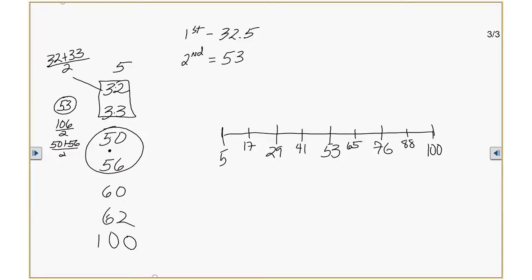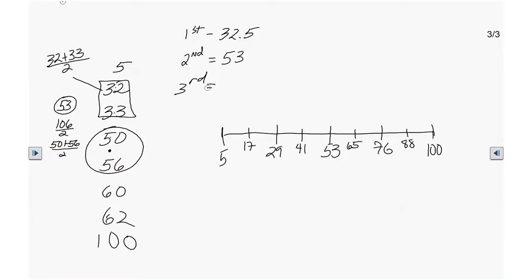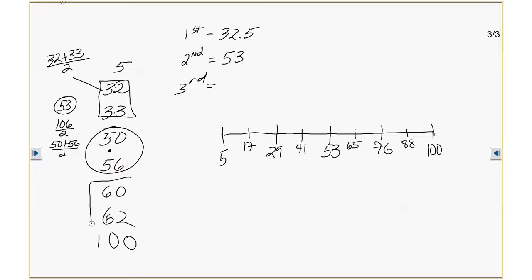Right? And then the third quartile is equal to 60 plus 62, which is 122. Is it 62 or 61? I don't know. Y'all help me. 61.